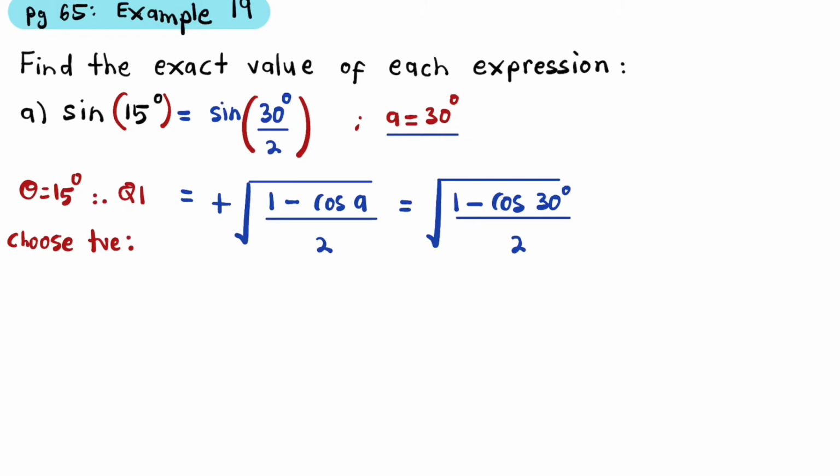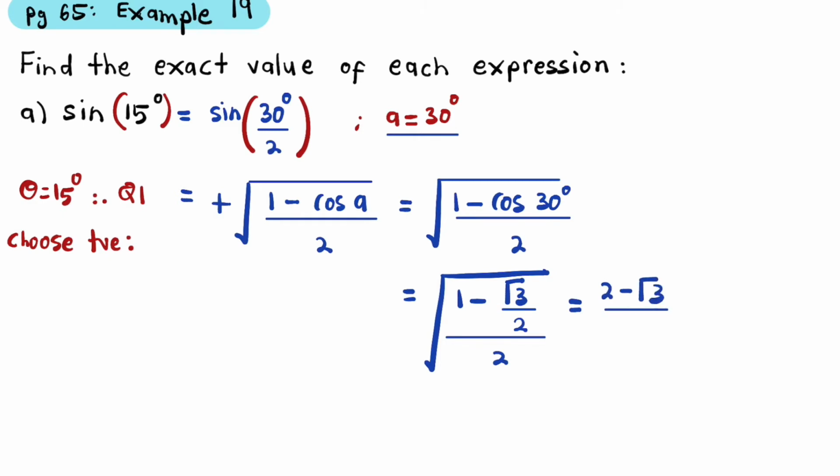So substitute: you will have over here the square root of (1 minus square root 3 over 2) over 2. Then simplify. Don't leave your answer like this. So simplify further: you have (2 minus square root 3) over 2, a common denominator. Divided by 2 will give you over 4. So this is the square root of that.